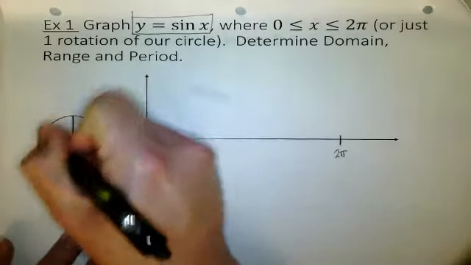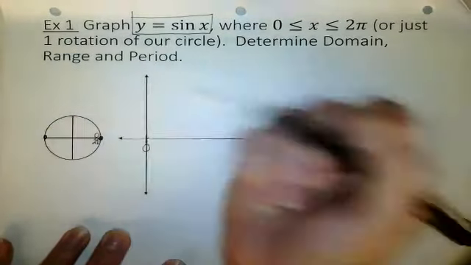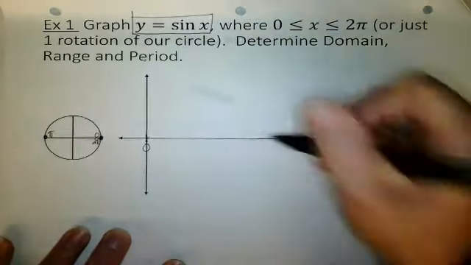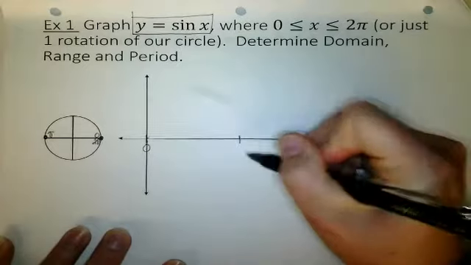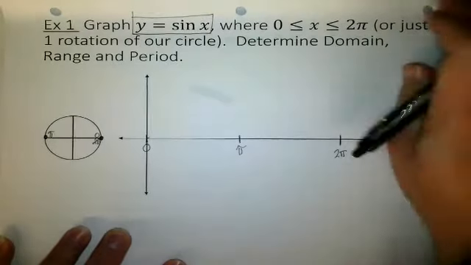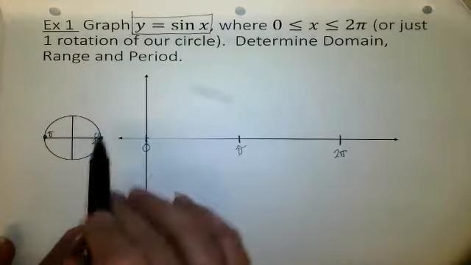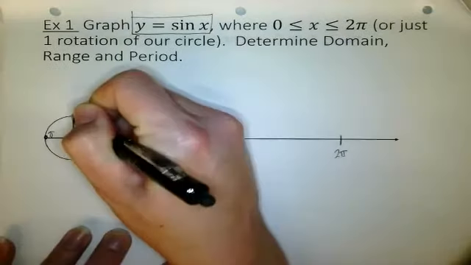Now, if I didn't go all the way around the circle, I'd stop here. Maybe I'd just go halfway. Where did I stop if I went halfway? At pi, yeah, sure. So I'm going to mark pi also right in the middle of 0 and 2 pi. And then if I only went halfway to pi, I would stop right here. And what's right here?